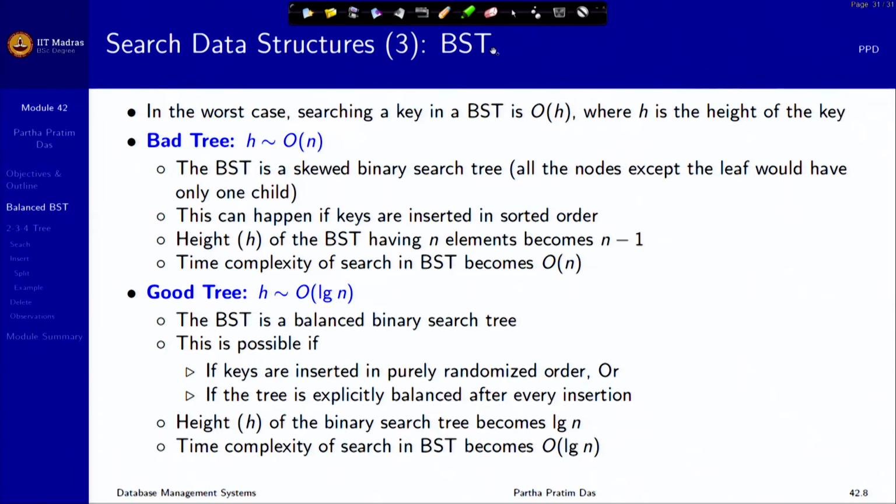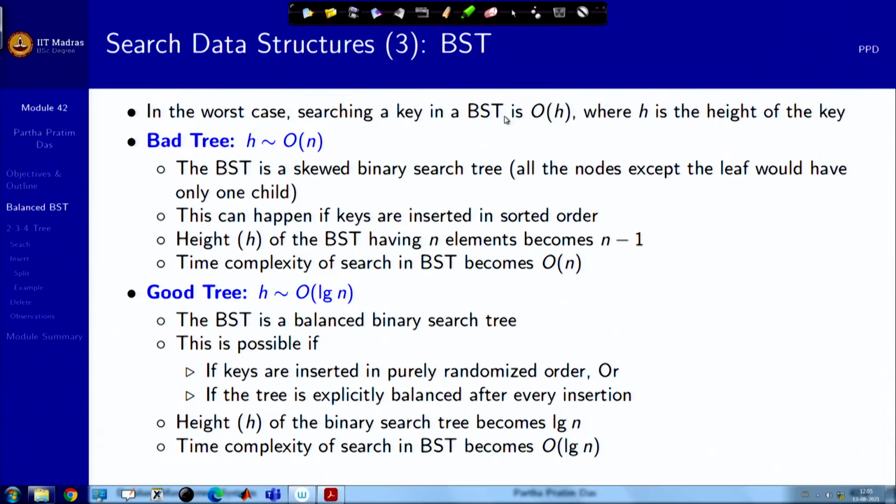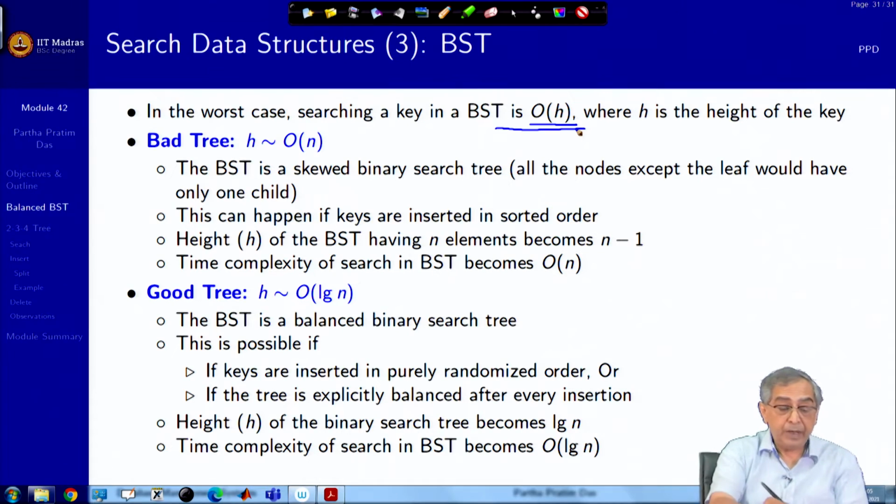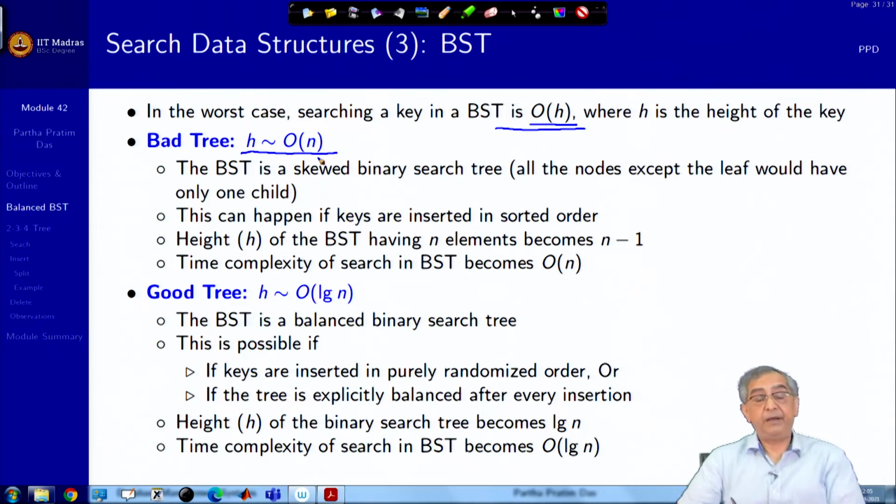So, just to recap, this is your basic fundamental result: a search key in the worst case in a BST will be searched in order h time. Trees may be bad, where we have order n, and trees may be good, where we have order log n.